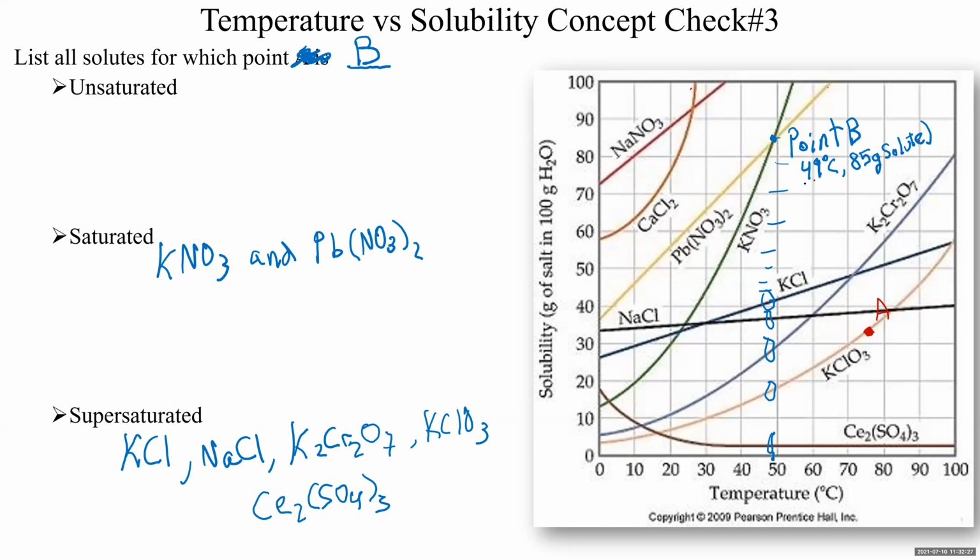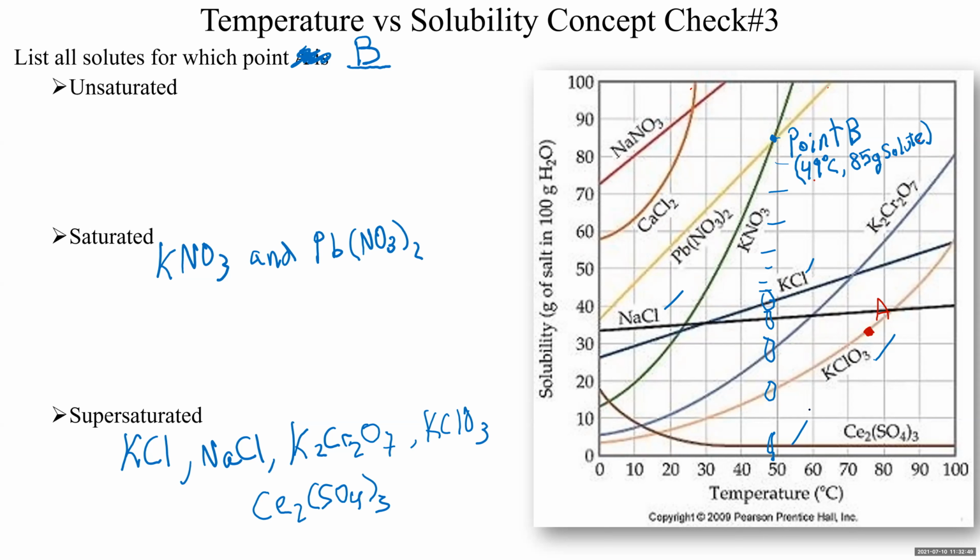In other words, some form of expressing concentration. So at that level of concentration and at that temperature, if we tried to get that same concentration of potassium chloride or sodium chloride or potassium chlorate or cerium sulfate, we would have supersaturated solutions of those particular compounds.